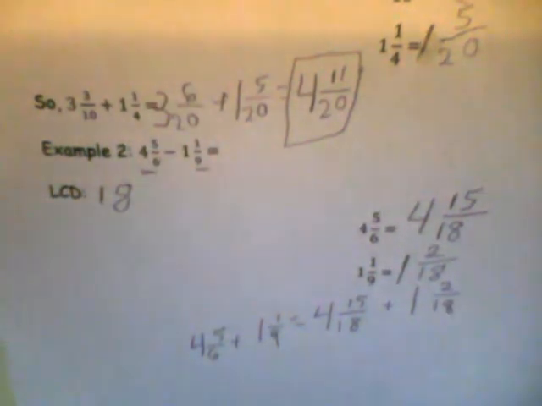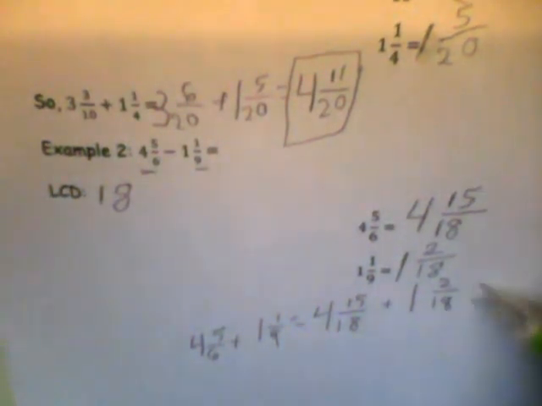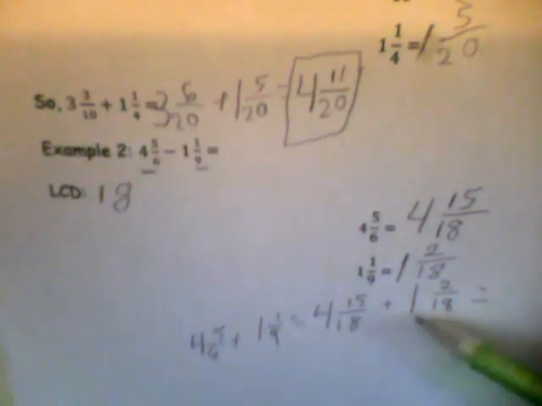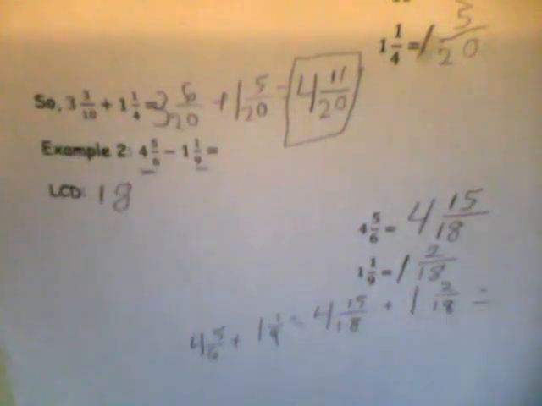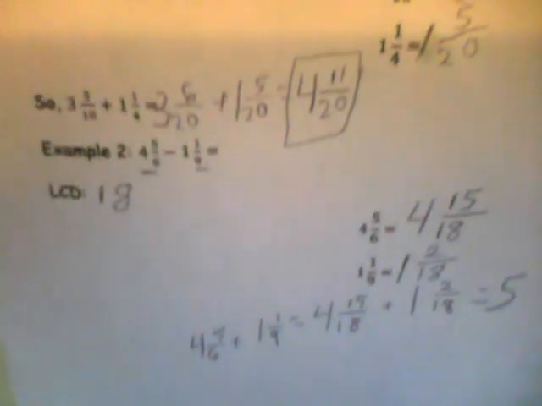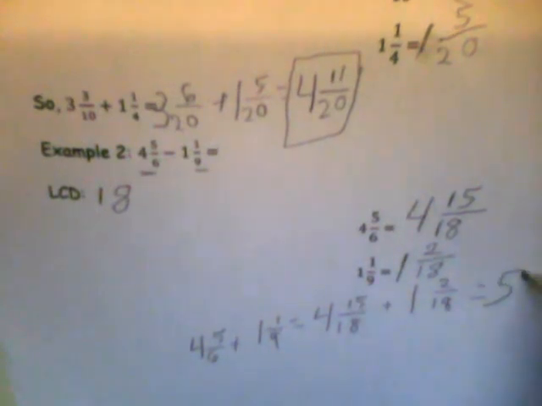Okay? Now to add this together, all I have to do is add the whole numbers, or the integers, together. So 4 plus 1 is 5. And then I just have to add my fraction part together. 15 plus 2 is 17.